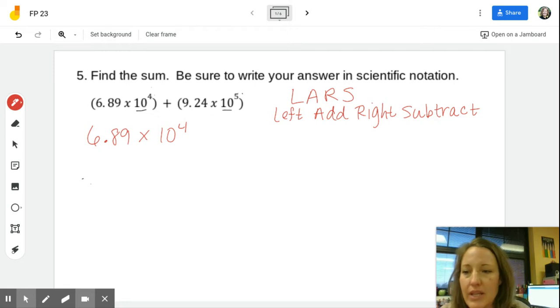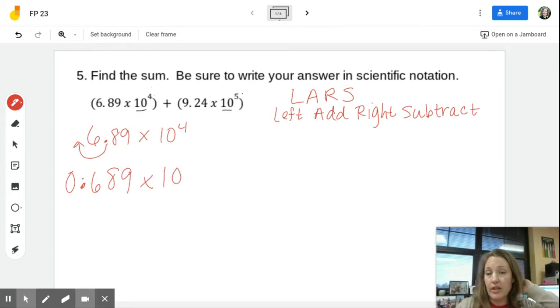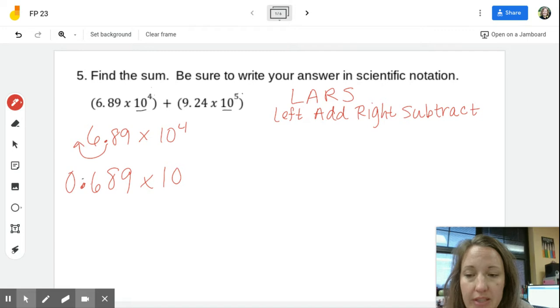But if I move this decimal left, I've made it 10 times smaller, haven't I? 0.689 times 10 to the 4th, then I'm no longer going to be equal, right? So I'm going to change this because I went left. I'm going to add. So 4 plus 1 is 5.